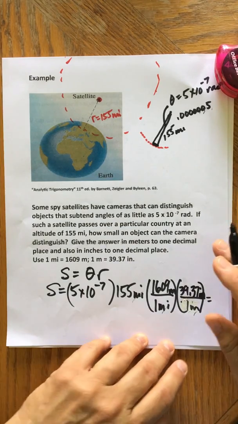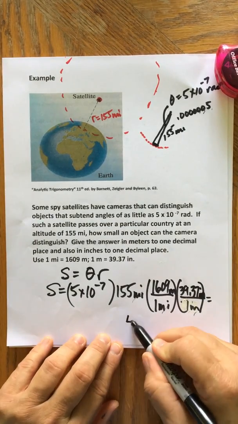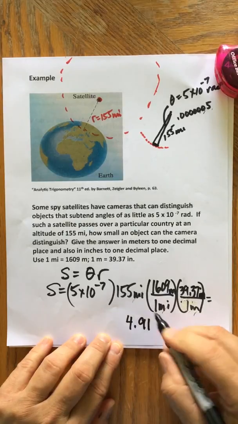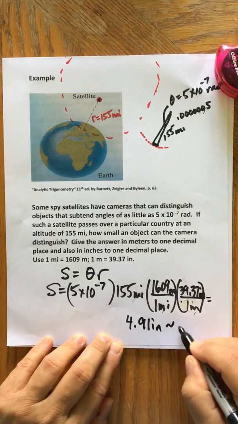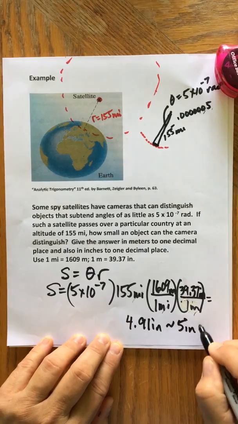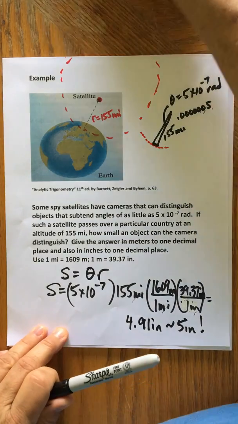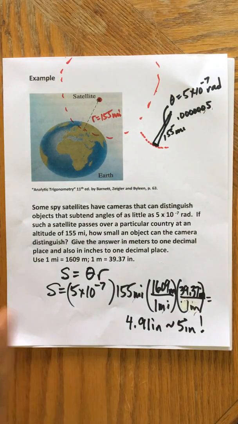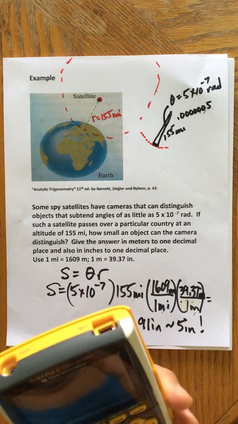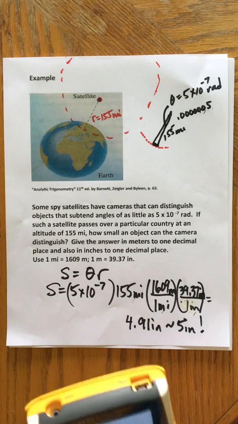When you do all this, you're going to have 4.91 inches, which is about 5 inches. That's incredible, isn't it? These satellites can see very small objects, and this is really old information, so I can't even imagine what they might see now. They probably see their pupil or something like that.